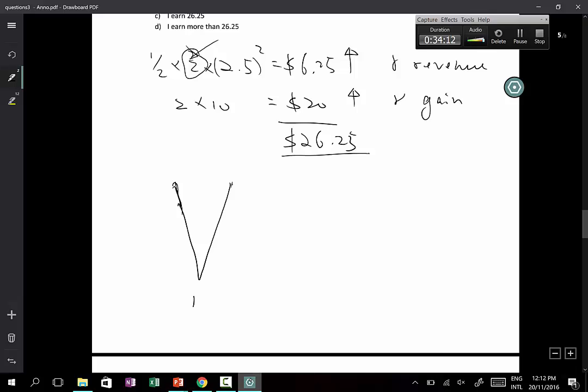So let's say the spot price is 100 and you are long a call at 100 and you are long a put at 100.